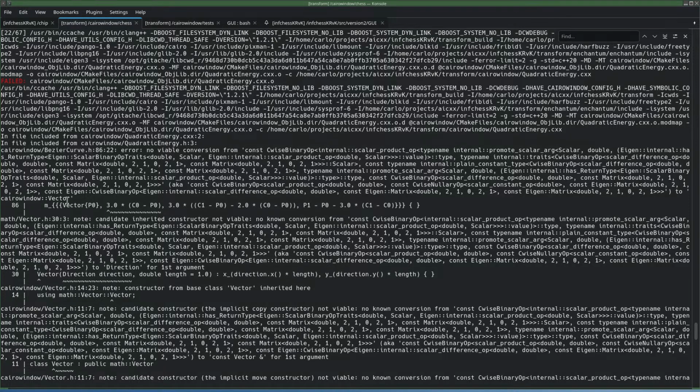Not working because my vector also is a vector, but yeah, I treat points and vectors as different things. It ain't working.